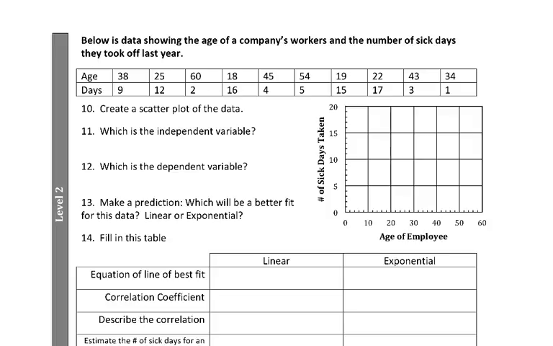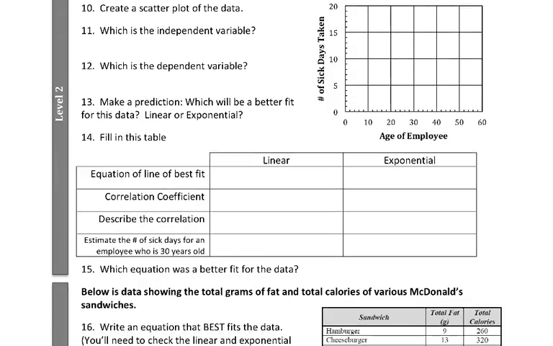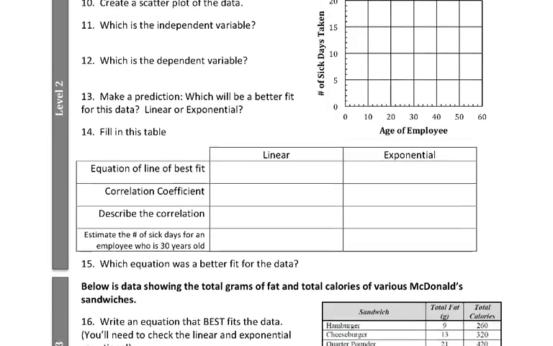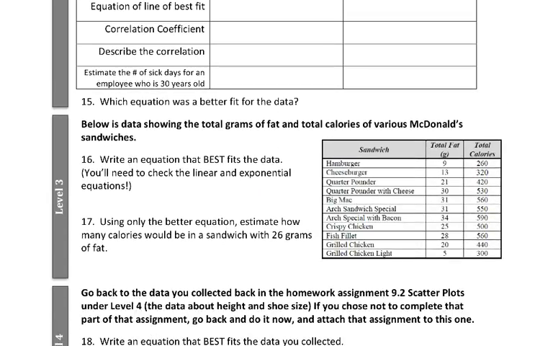So for these questions on the backside, it's going to be the exact same process that we just barely went through. Same exact idea. And then level 3 questions is also the same idea. We're looking at McDonald's menu and comparing how many grams of fat there are to how many calories are in their sandwiches.